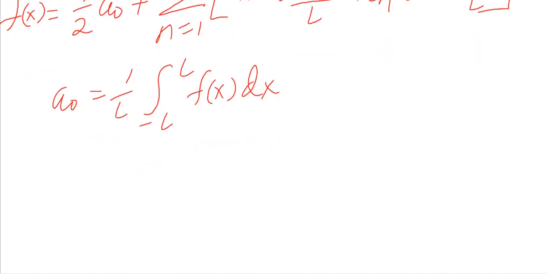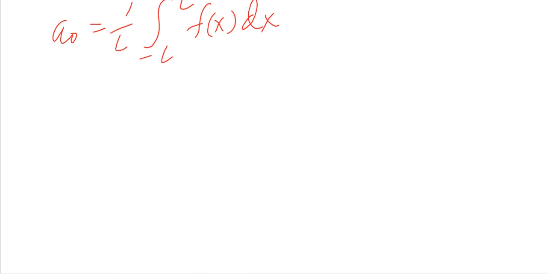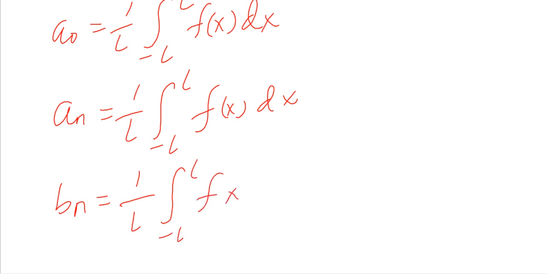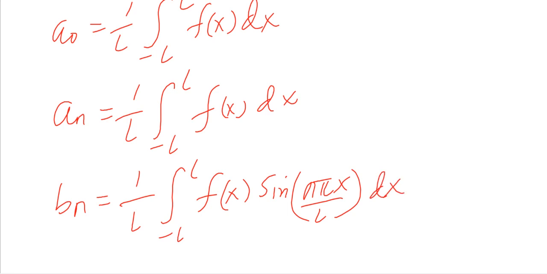We have an is equal to 1 over L, integral from minus L to L, f of x dx. And bn is equal to 1 over L, integral from minus L to L, f of x sine of n pi x over L, integrated with respect to x.